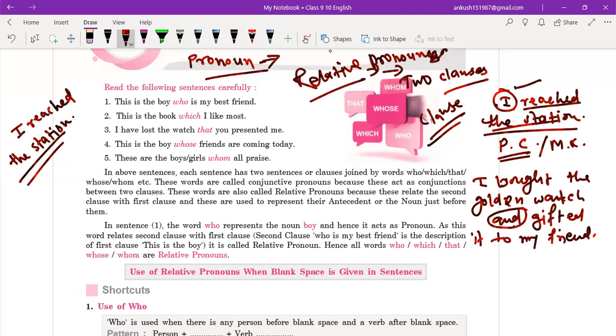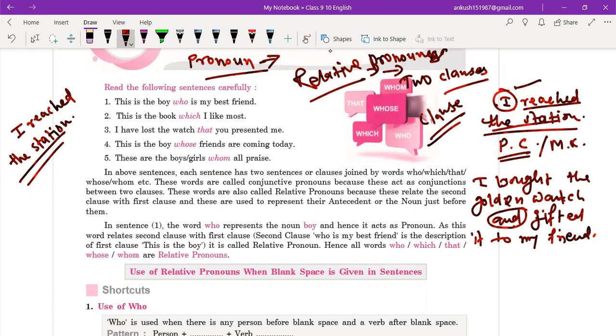Here I did not write I, but it is understood. I bought the golden watch and I gifted it to my friend, but I did not write I here because I don't want to repeat the subject. But it is understood that there are two sentences.